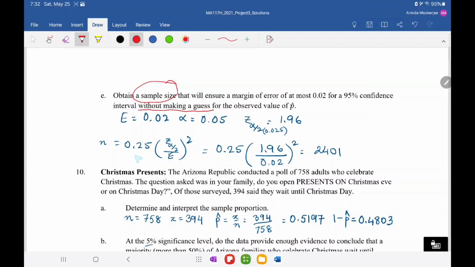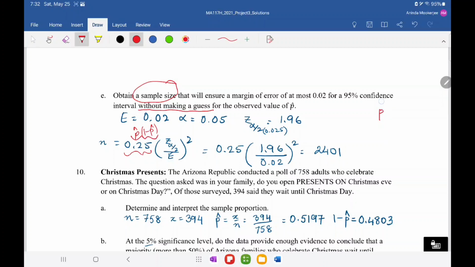And that formula has a constant value for the proportion, that's 0.25, because it's actually P hat times 1 minus P hat, really.